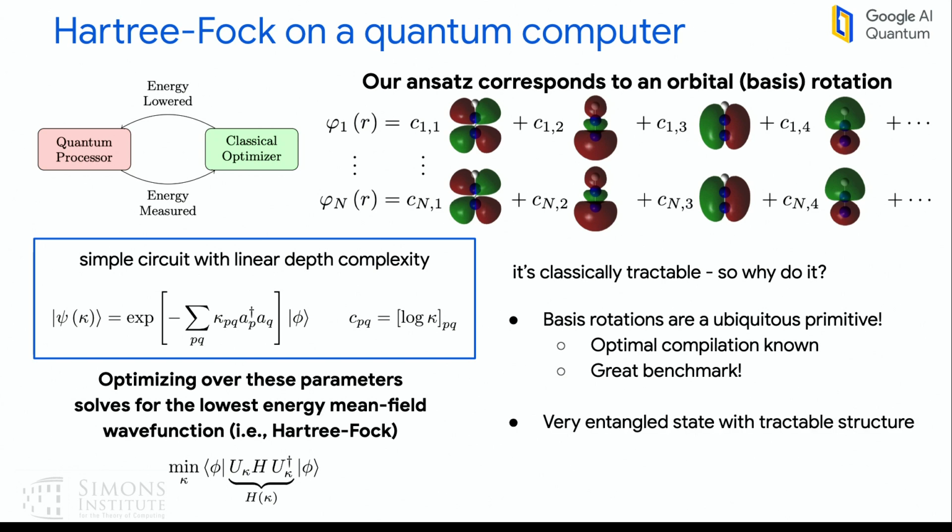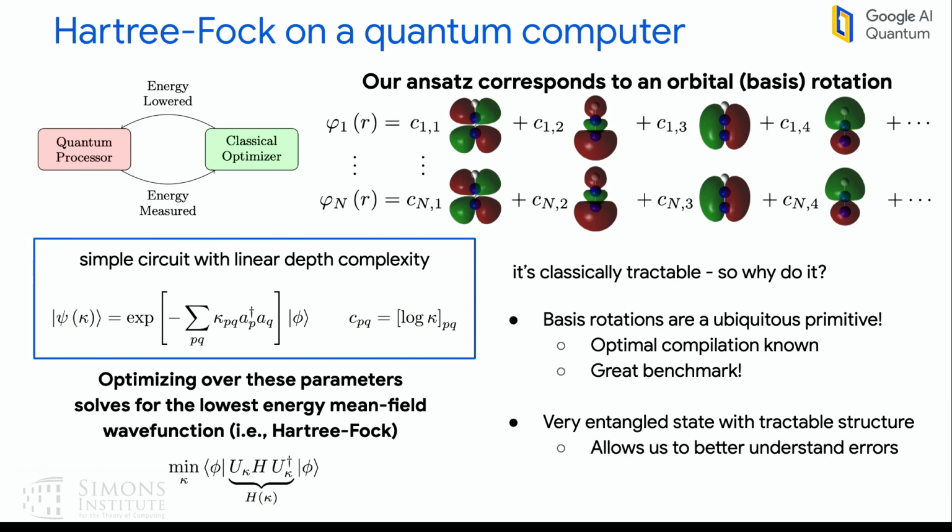The other thing is that while it's a state that has some structure which allows us to solve for it classically, from the perspective of the quantum bits, it's a very entangled state. If I just gave you this state, you would have a difficult time telling that it's not some very complicated state. The structure is hidden.